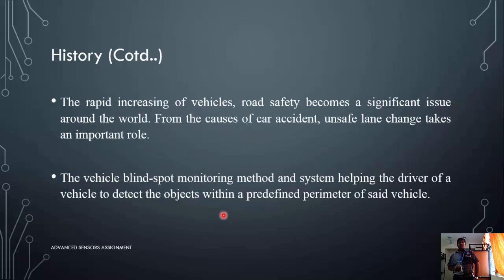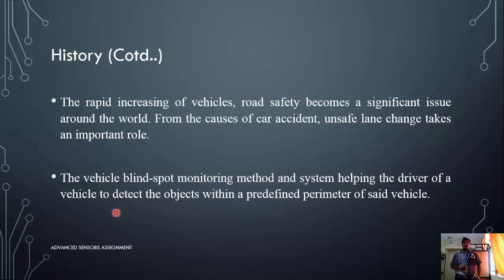With the rapid increase of vehicles, road safety becomes a significant issue around the world. Due to this, car accidents and unsafe lane changes play an important role. The vehicle blind spot monitor method and system helps the driver of a vehicle to detect objects within a predefined perimeter of the vehicle.